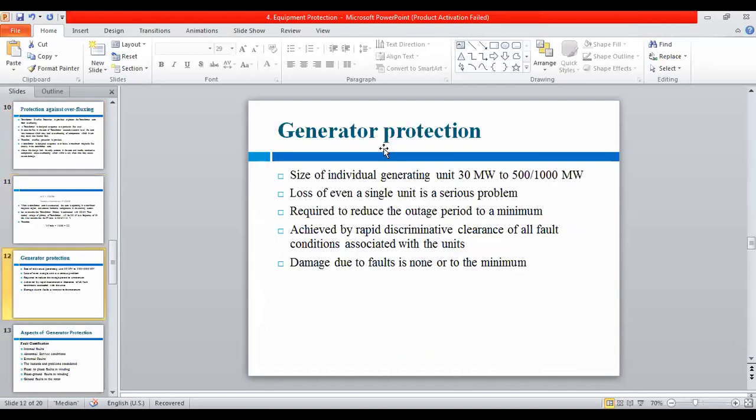Overfluxing means the core saturates, and if we still give excitation after saturation, the core will get damaged due to overcurrent. So how to protect the transformer against overfluxing is given there.